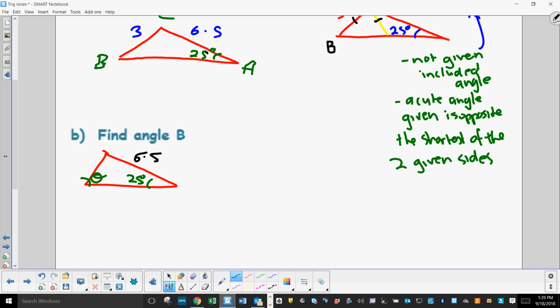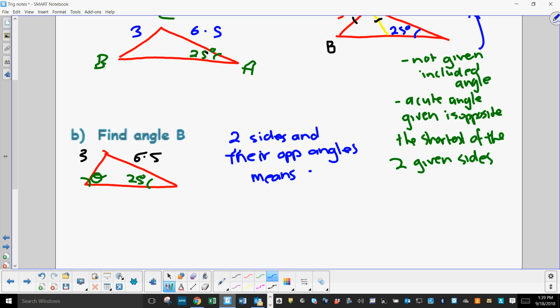So two sides and their opposite angles means sine rule. In this case, it's the ambiguous case. Because of that, there's going to be two answers.